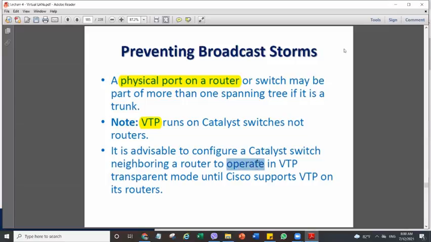Here it says it is advisable to configure the catalyst switch neighboring a router to operate in the VTP transparent mode.